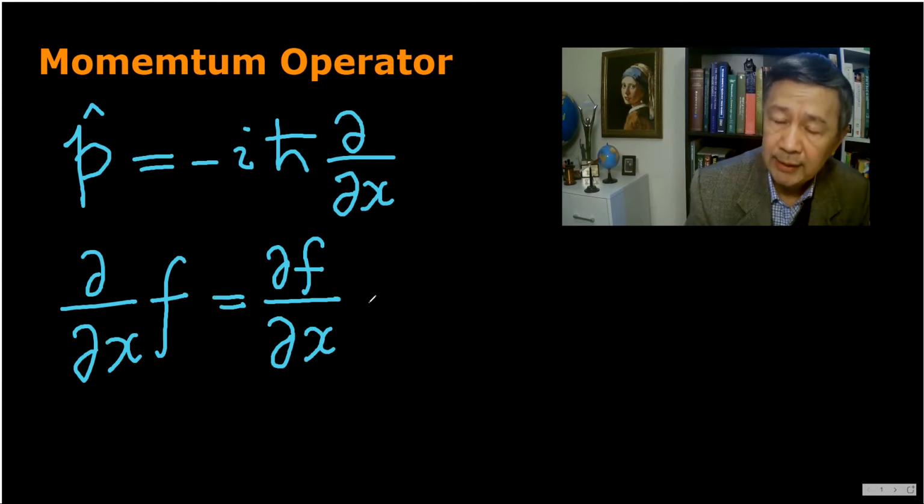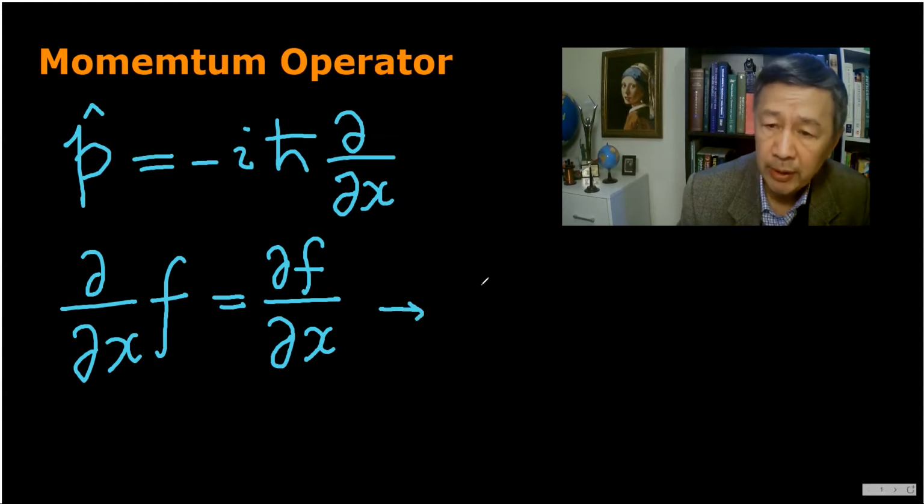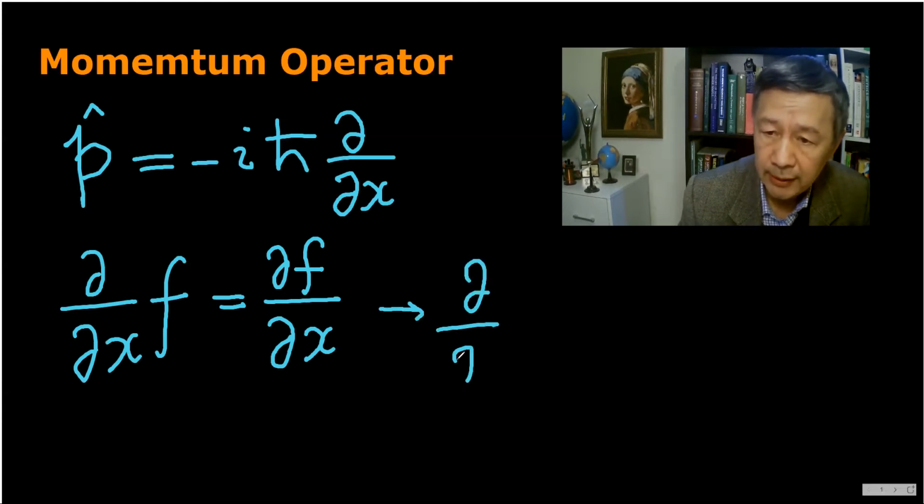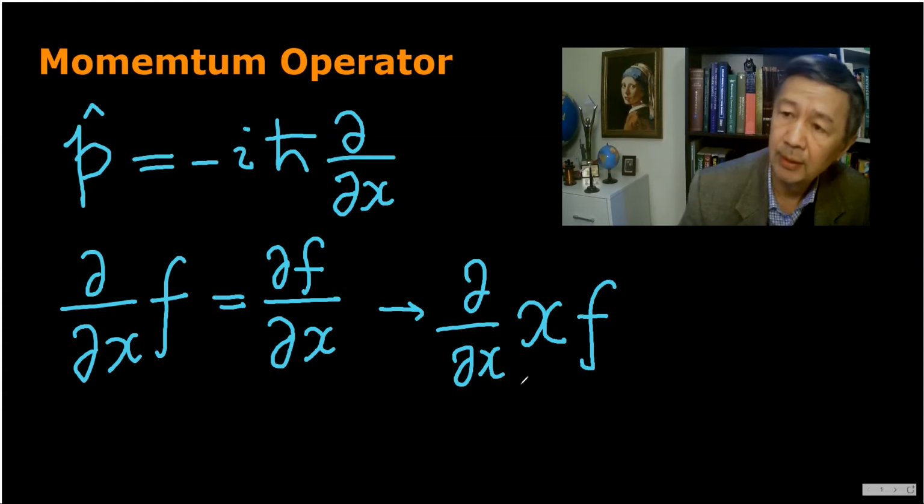Also, in calculus we know that we can use the product rule. If the function is written in product form, we can use the product rule. So based on this idea, we can apply ∂/∂x to a product. In this case, we choose the coordinate x multiplied by the function f.